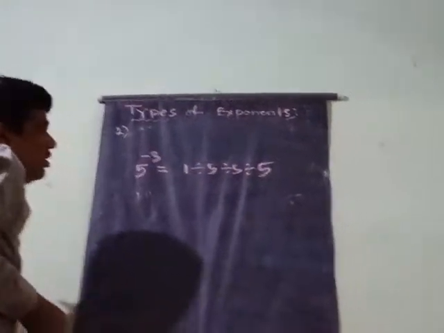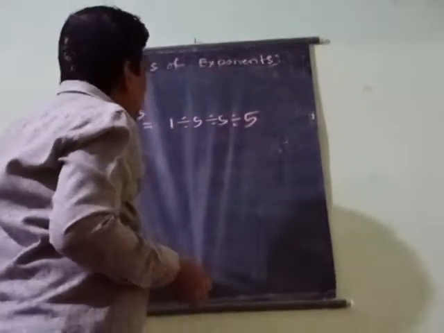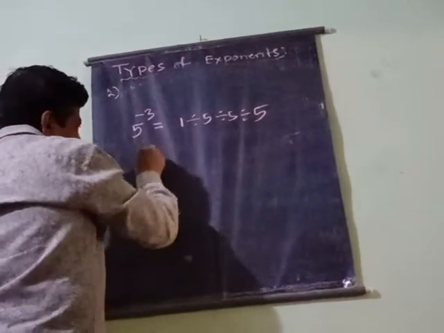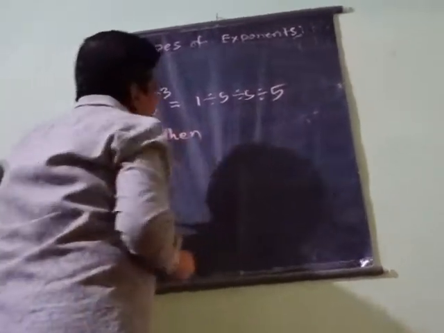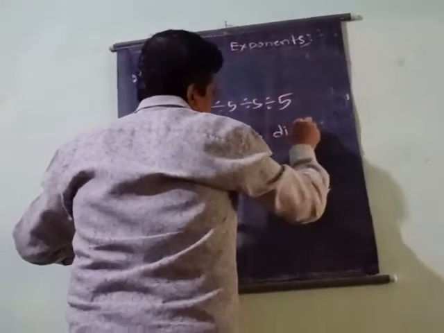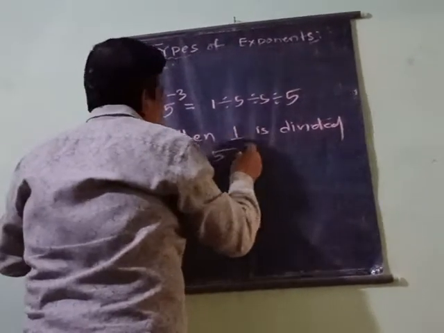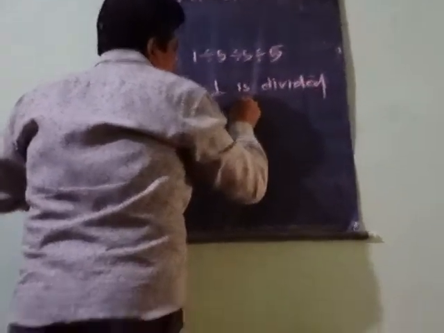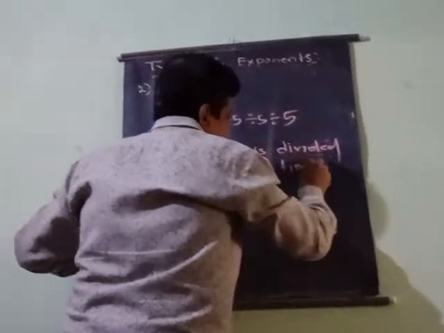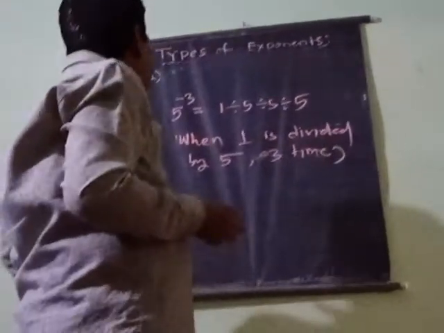What do you understand here? So when we divide, when 1 is divided by 5, you can say it in other words, divided by 5 how many times? 3 times, because the power is 3. Understand? Okay.